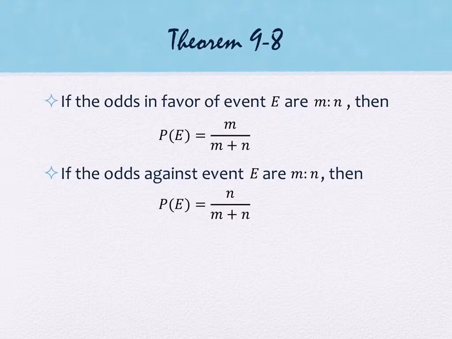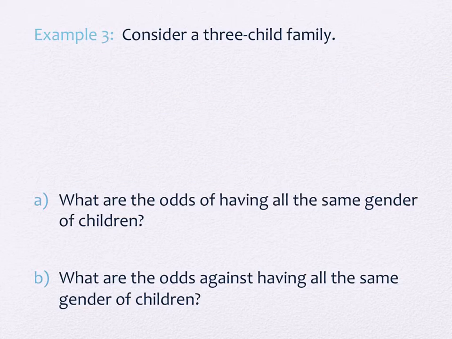Okay. We are going to take a look at an example now. It's going to require a tree diagram. Yes, it is. We have a 3-child family. We want to create a tree diagram for it, okay? So, child number 1, what am I going to have to do? Yeah, there's only 2 options.